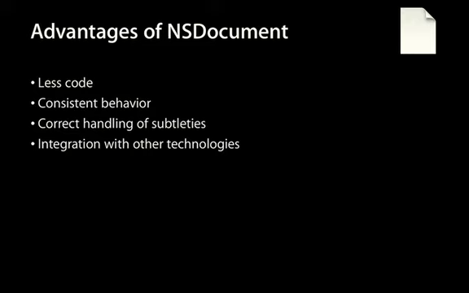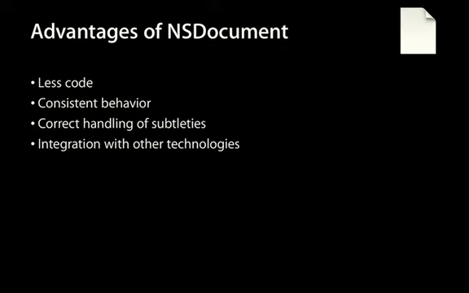Now, also, NSDocument has integration with a number of other important Cocoa features. NSDocument works directly with the auto-saving functionality in Cocoa, as well as with the new sudden termination APIs to make sure that sudden termination gets turned off when you have unsaved changes in any of the documents in your application.